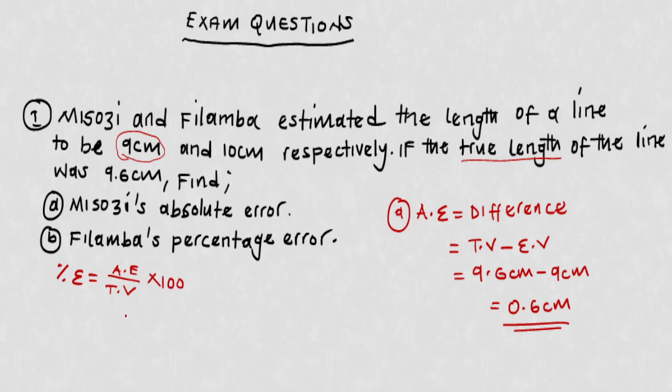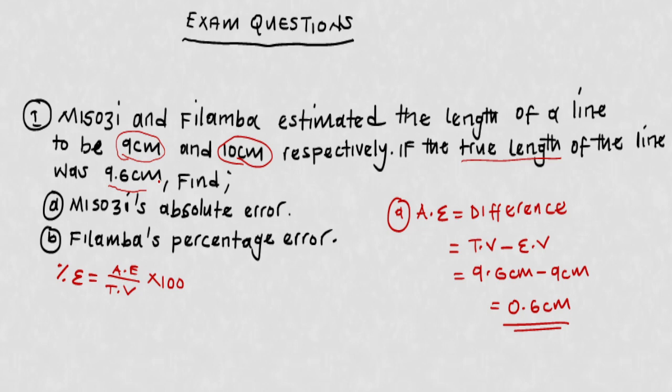So how do we find the absolute error for Filamba? We're going to look at what was the estimation for Filamba. The estimation for Filamba was 10 centimeters. Then the true measurement was 9.6 centimeters. We're going to get the difference between these two, and that will be our absolute error.